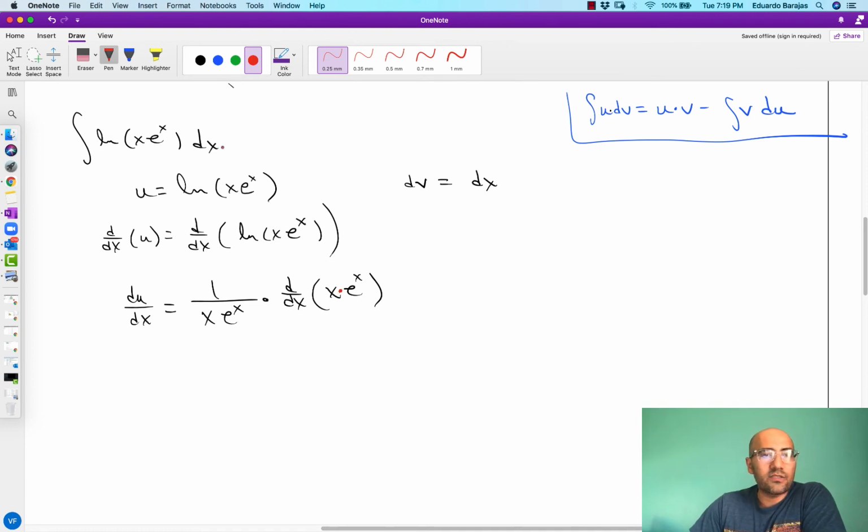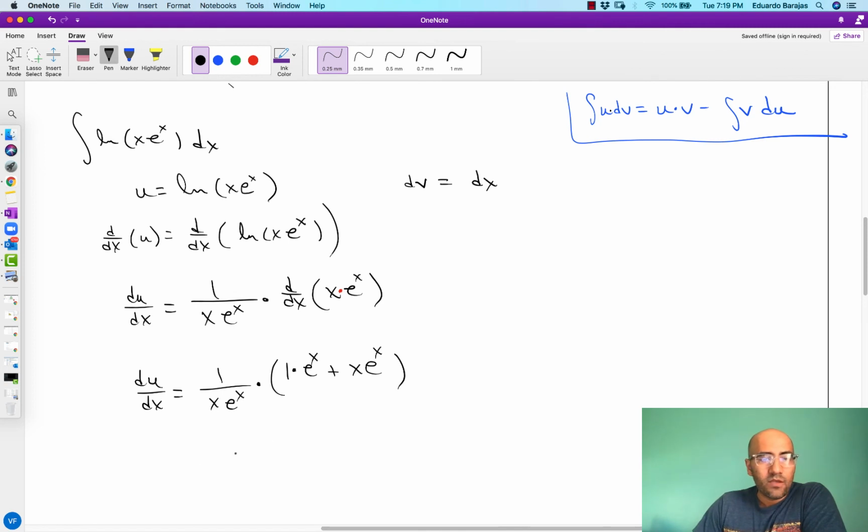So we kind of take turns taking derivatives. du dx is equal to 1 over x e to the x times, the derivative of x is 1 times e to the x, plus x times the derivative of e to the x, which is just e to the x.